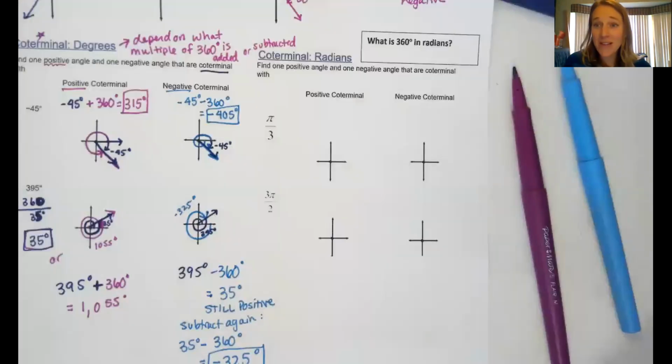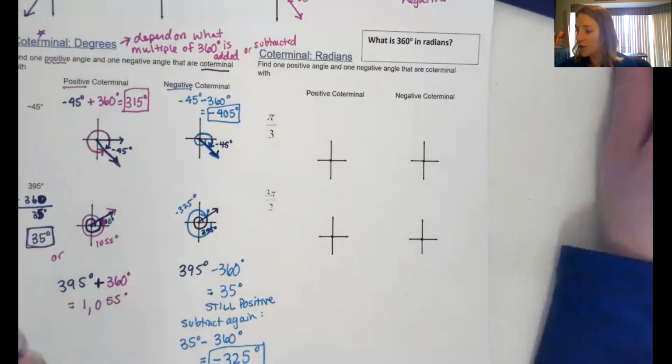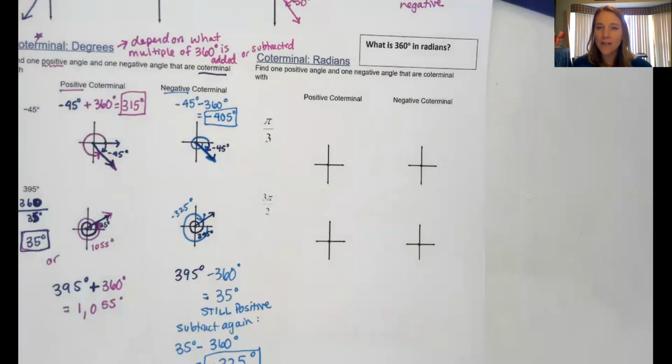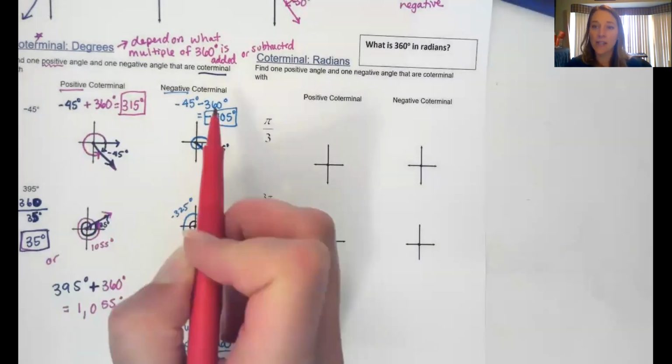We're going to do the same exact thing. The thing that's a little tricky is that it deals with fractions and we need to get a common denominator sometimes. But it's the same process. The first thing we have to know is, what is 360 degrees in radians? Before, we took our angle and added or subtracted 360.